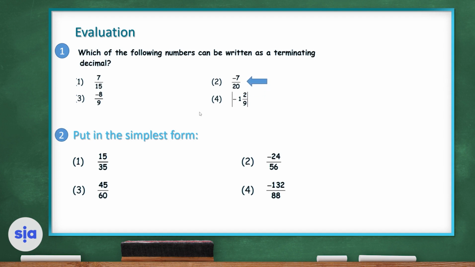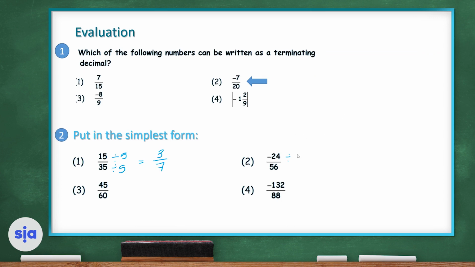Then after that, in question 2, the question is asking me to write each of the following in the simplest form. So in the simplest form, we simplify. 15 over 35, we can divide them both by 5. So it will be 3 over 7, and this is the simplest form.